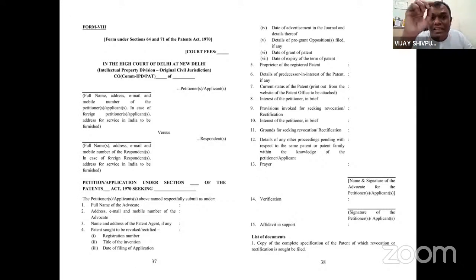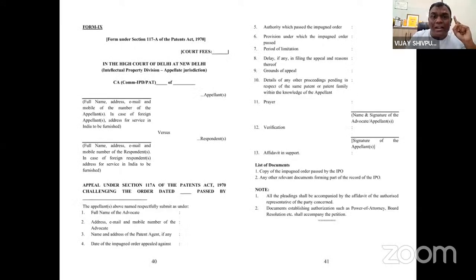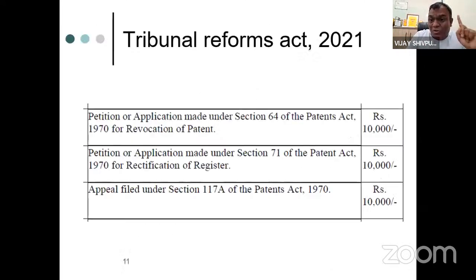But here, in the High Court of Delhi at New Delhi, Intellectual Property Division, original civil jurisdiction is for Form 8, and appellate jurisdiction is for Form 9. So the forms are different. The fees are also different. The fee in each case is 10,000 rupees, as we discussed.